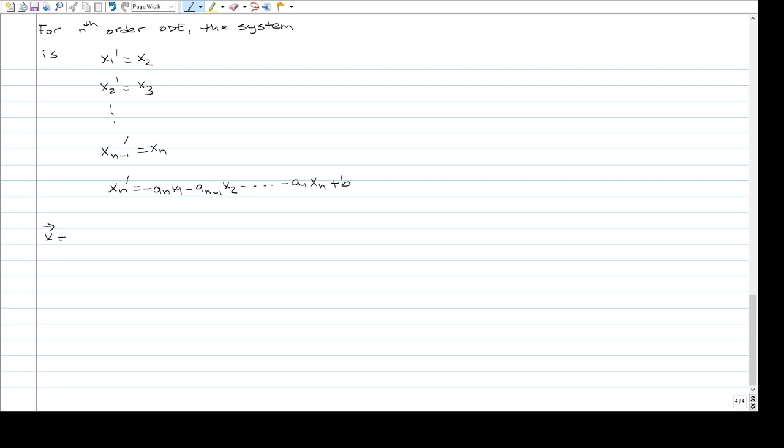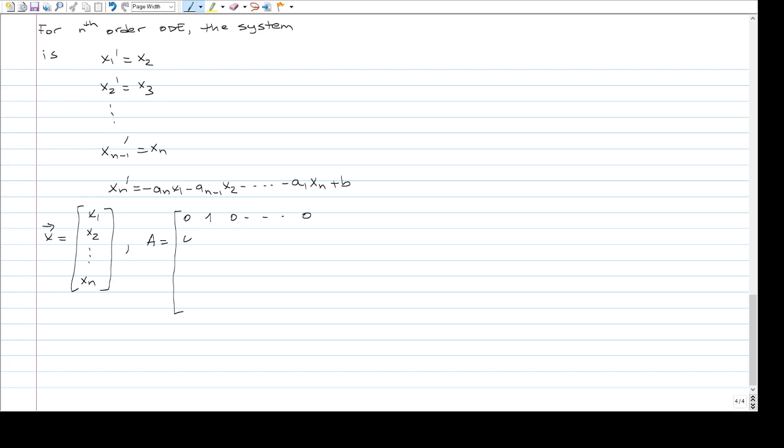So our unknown vector function x has n components, x1, x2, up to xn. Our matrix A, since we have n equations in n functions, is going to be an n by n matrix. In the first row, we have 0, 1, and then zeros.